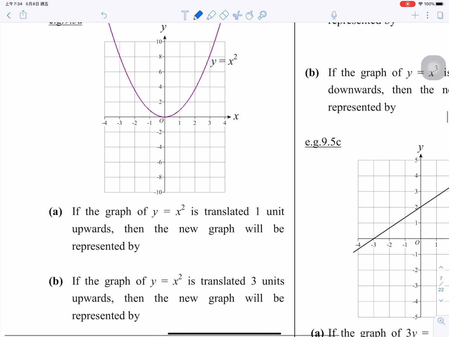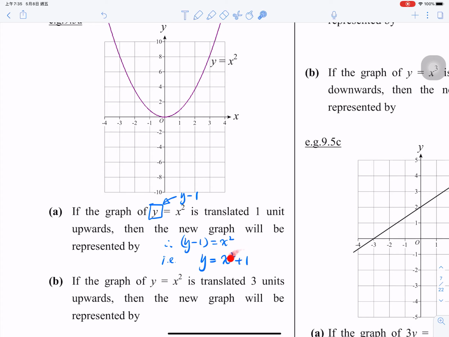So here substitute y minus 1 into y. That means y minus 1 equals x squared. Finally, y equals x squared plus 1.